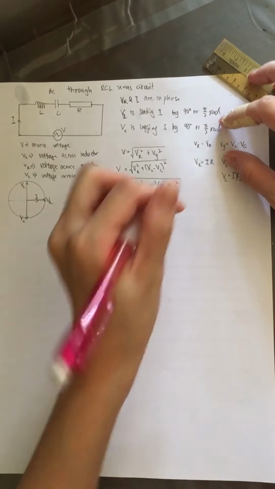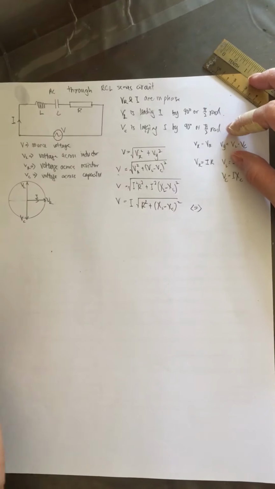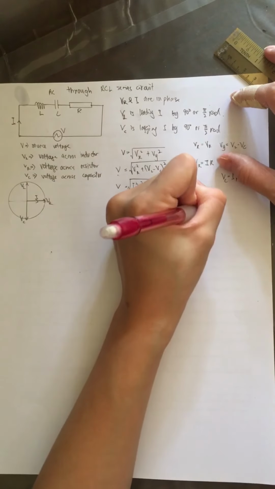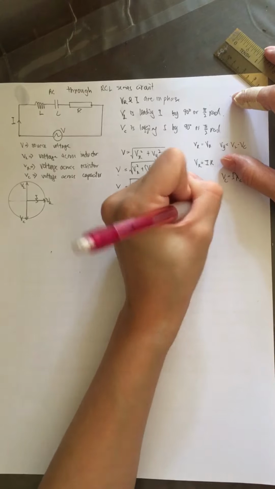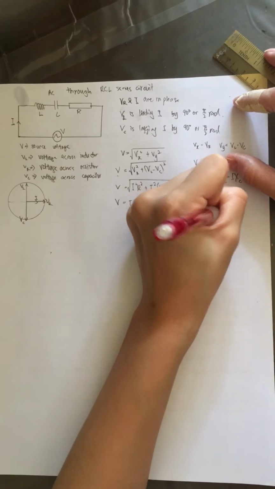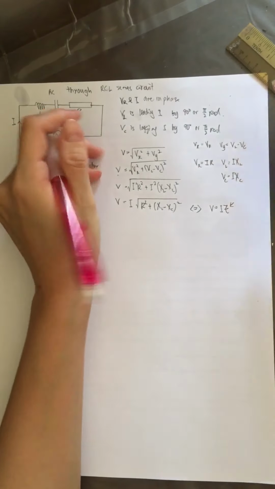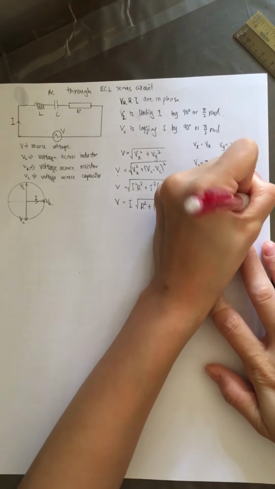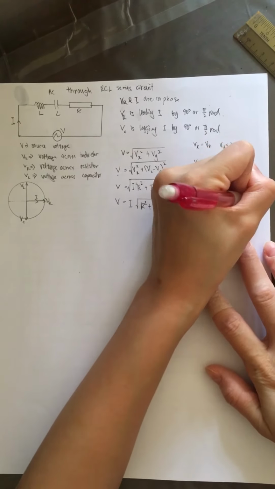So in other words, if you compare to Ohm's law for your RCL circuit, it is written as V equal to IZ. Why? This Z is your impedance. Still remember what impedance is?